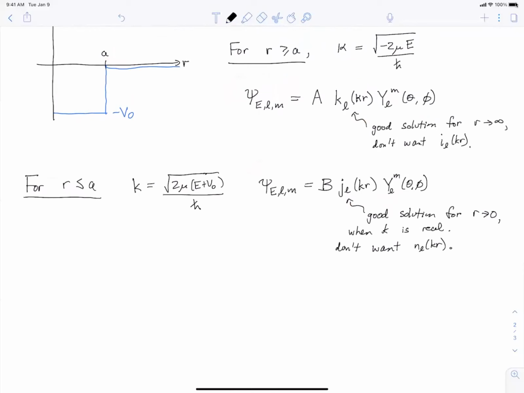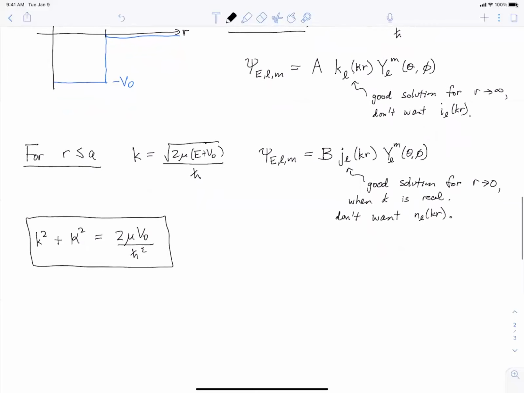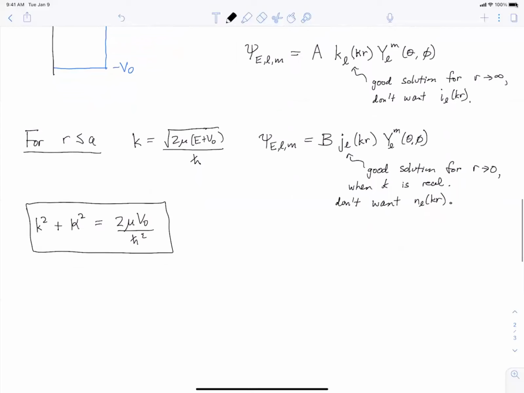Namely, if you take K squared and add kappa squared to it, you get 2 m V0 over h bar squared. That's going to be useful in a little bit. One reason it's useful is that notice the energy doesn't appear there. We're trying to solve for the energy, and so it's useful to note that one combination of these quantities doesn't actually depend on the energy.